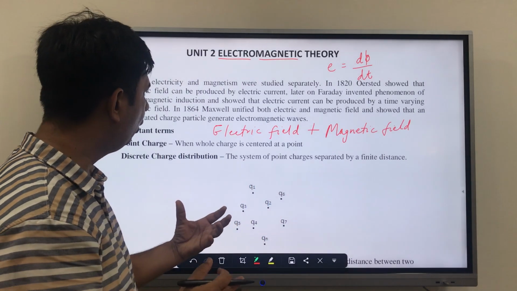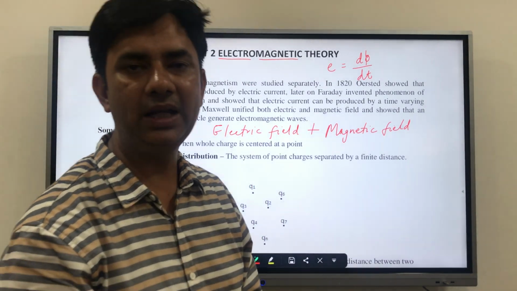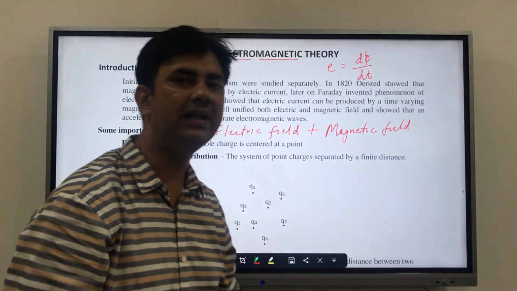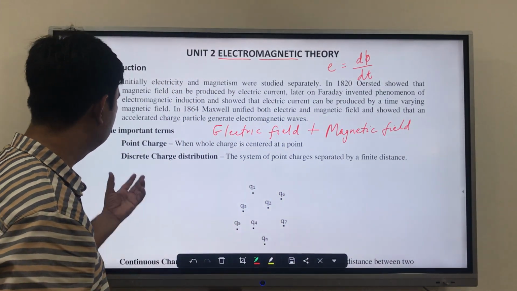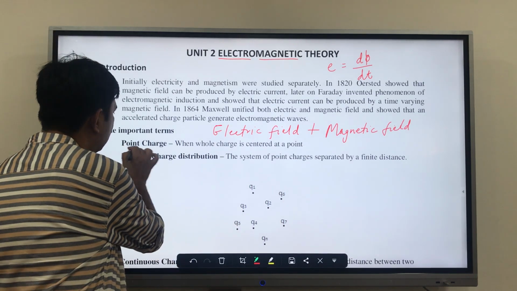Before going deep into the electromagnetic field, we'll study some simple definitions. First is the point charge. What is a point charge?